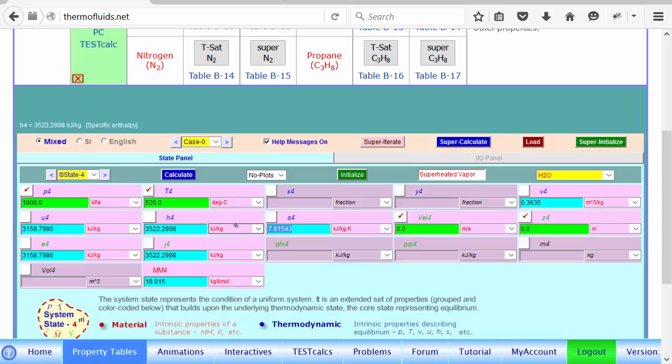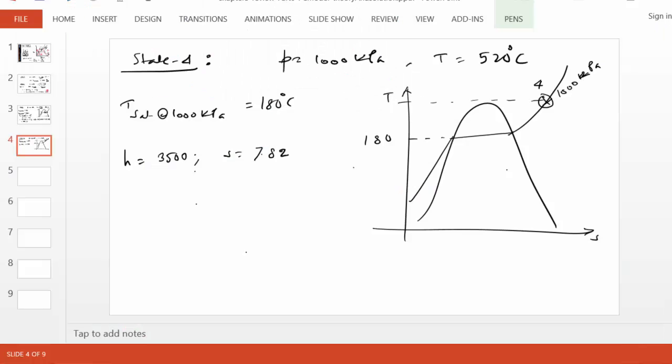So even if I eyeball it to be 7.8 or 3500, these answers are pretty close. So this is how you find properties of superheated vapor.